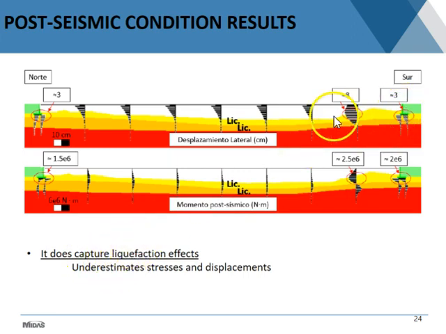Of course, you have lateral spreading, you have pushing of soil against the structure, and you do have some deformations and bending. But it loses some key information. And of course, there is no dynamic time here, and there's no information about how the pore pressures develop in the model or something like that.